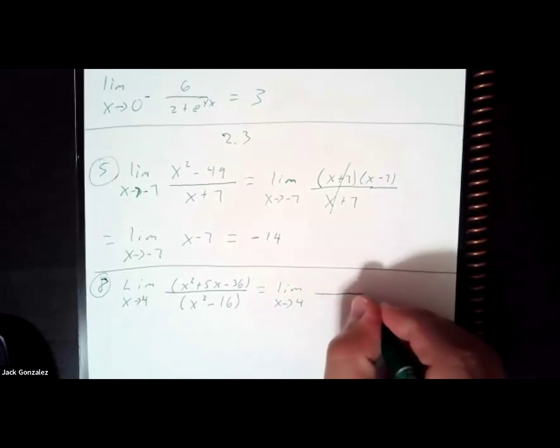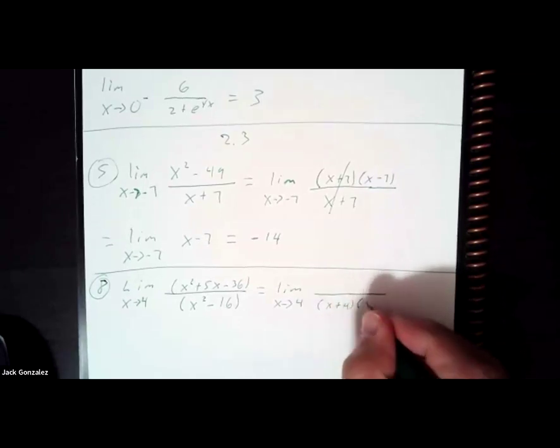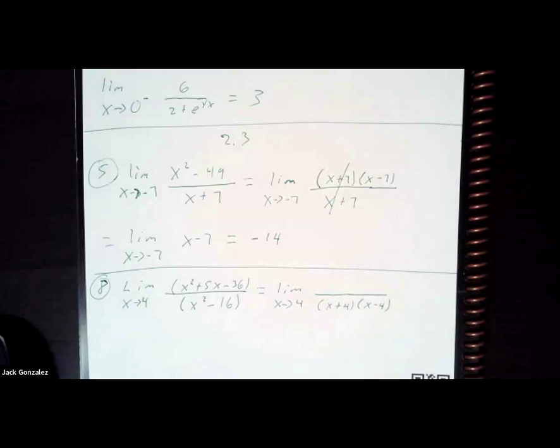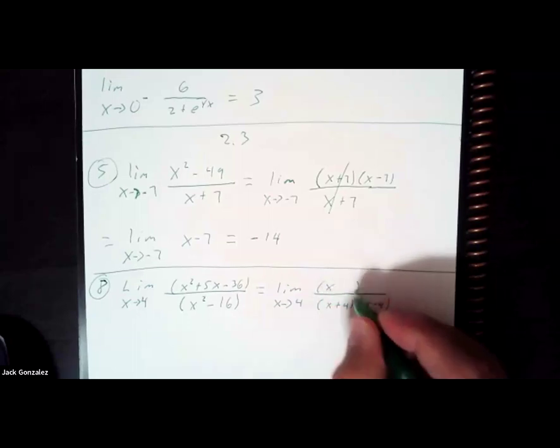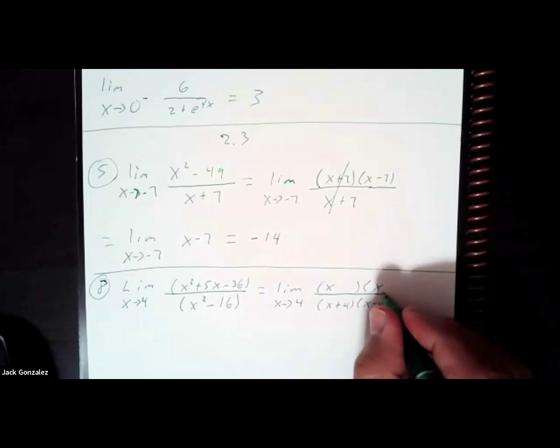Factor the top. What does the top factor into? Do you remember? Right, the whole trial and error? It's -4 and -9, right? No, wait. Is that? Close.